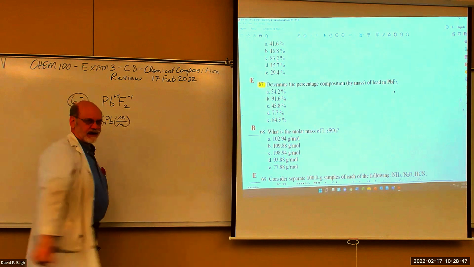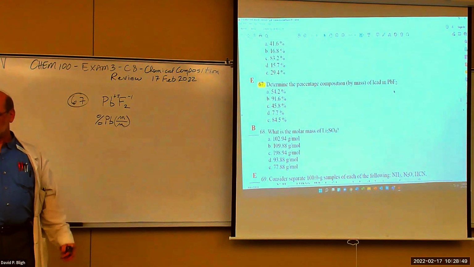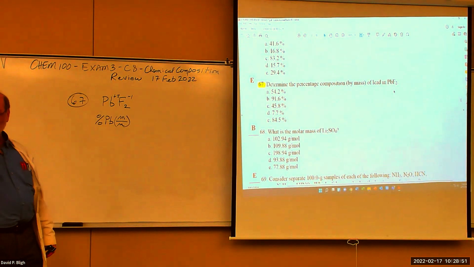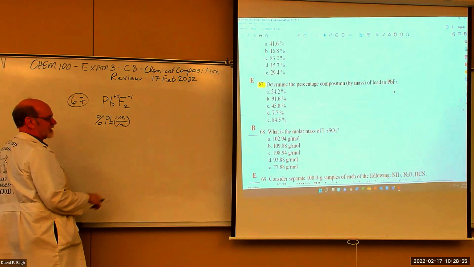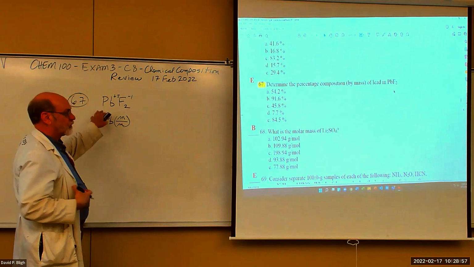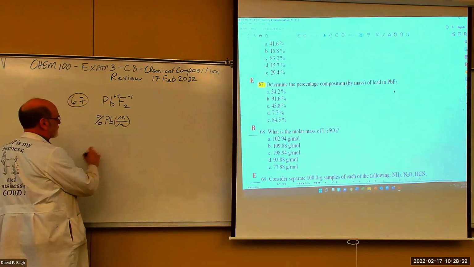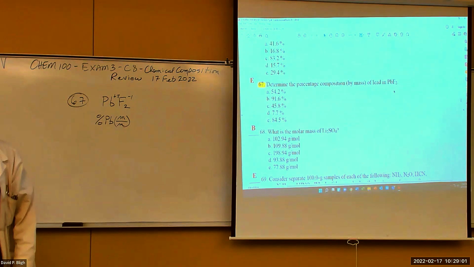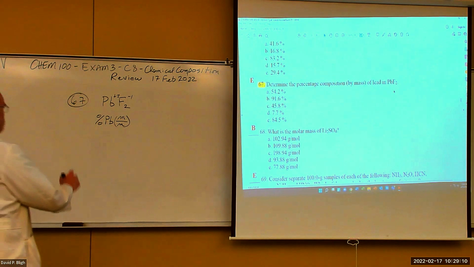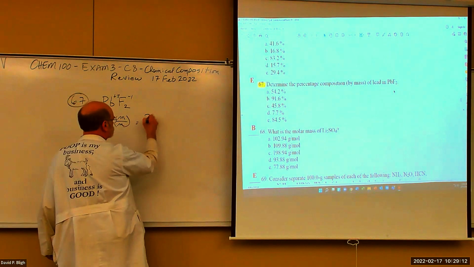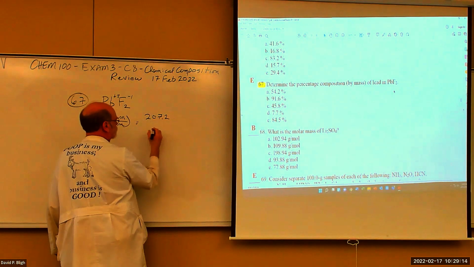So this will be lead 2 fluoride, the systematic name. But that doesn't answer the question. We've already got the formula. What we need is lead, which is right down here or something. 207.2 grams per mole.